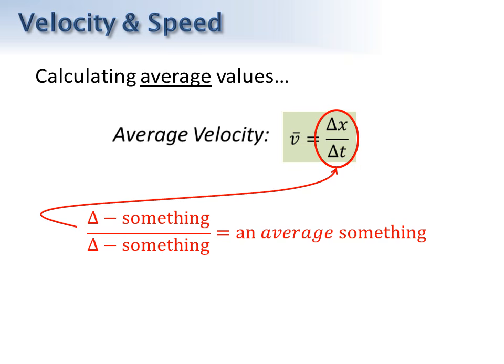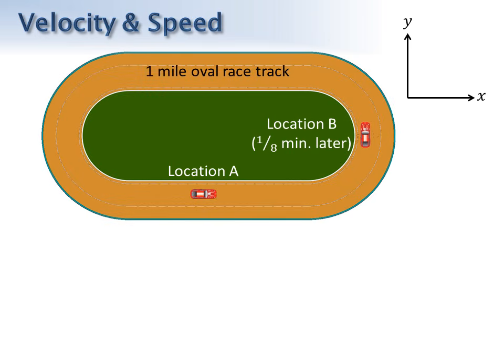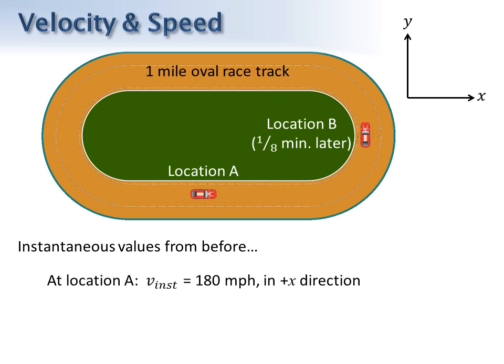Okay, back to velocity and speed. A key point I want to make at this stage is that the average speed does not always equal the magnitude of the average velocity. Let me demonstrate this by using the race car example. As a reminder, the instantaneous velocity at position A was 180 miles per hour in the positive x direction, and the instantaneous velocity at B was 100 miles per hour in the positive y direction.